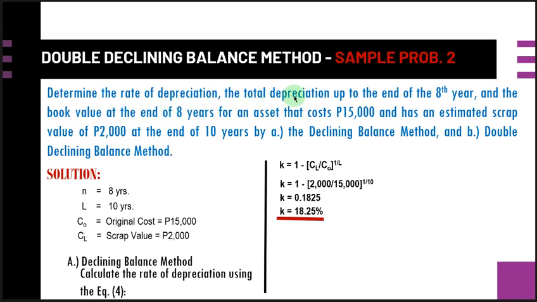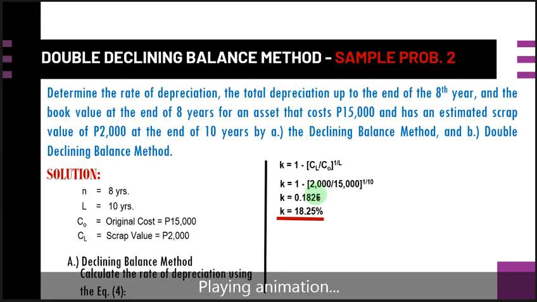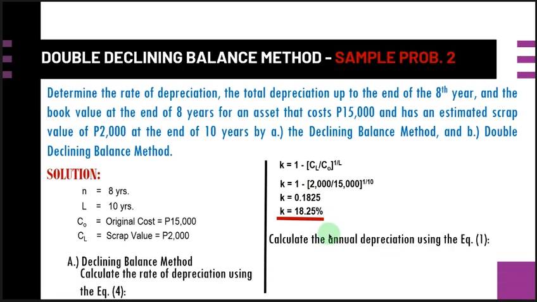For our total depreciation, before we arrive at this capital D sub N, we need to determine first the annual depreciation using equation 1. So our small d sub n is equal to CO times the quantity 1 minus k raised to the n minus 1 times k. All these values, CO, k, n, are given, so we can just substitute all these numerical values.